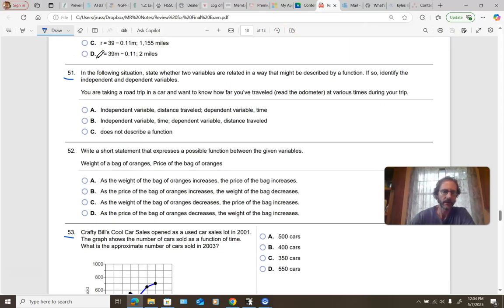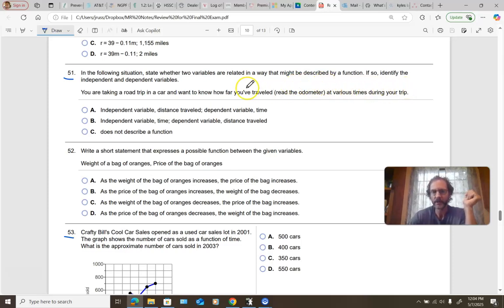Number 51 says, in the following situation, state whether the two variables are related in a way that might be described by a function, and if so, identify the independent and dependent variables. So this will kind of take us back to 8a. We're taking a road trip in a car and want to know how far we've traveled, so we read the odometer at various times during the trip.